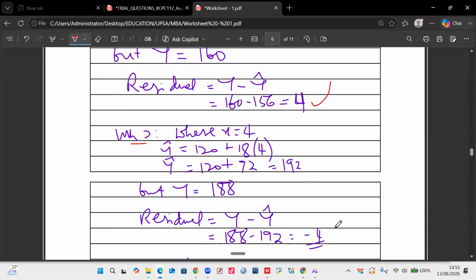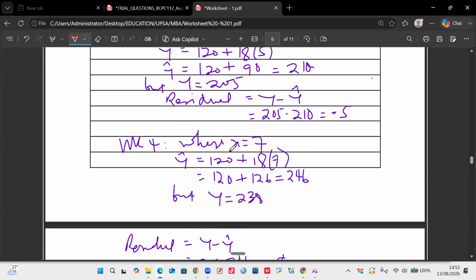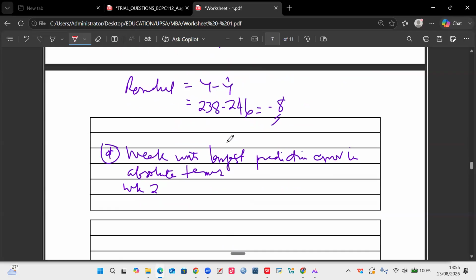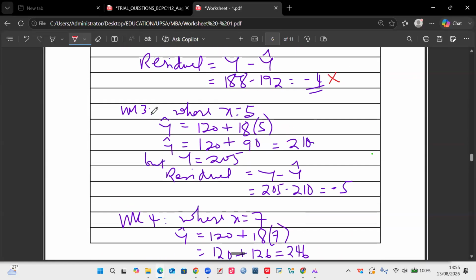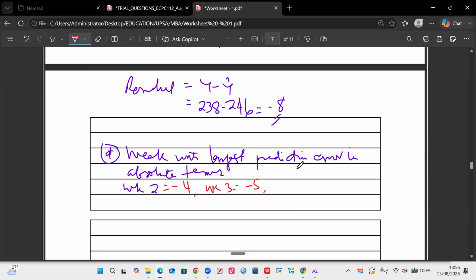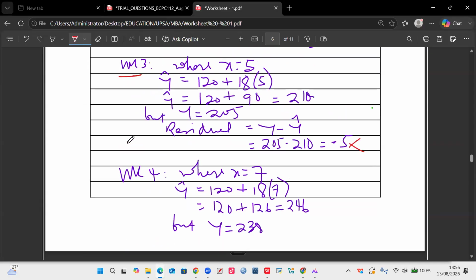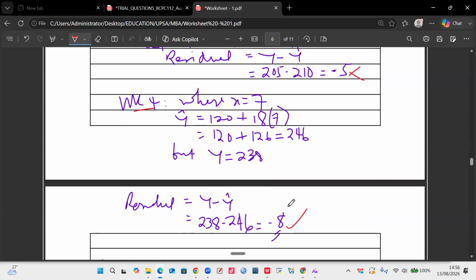Week 2, the value is -4, so this one has an issue. Week 3 has -5. Week 4 has -8.